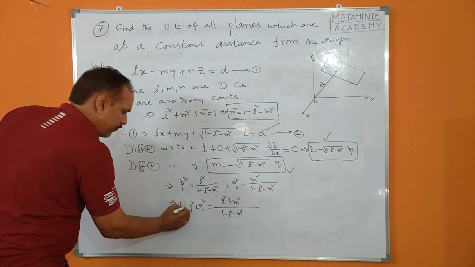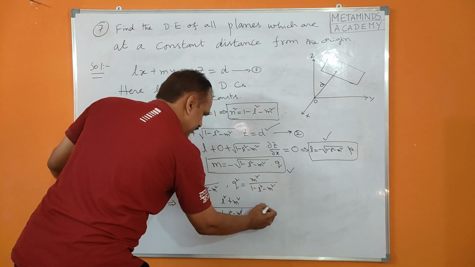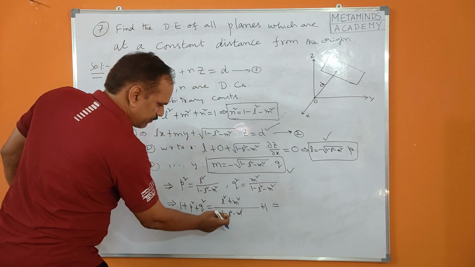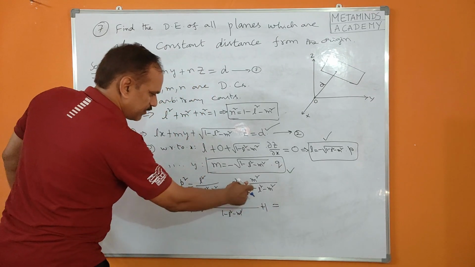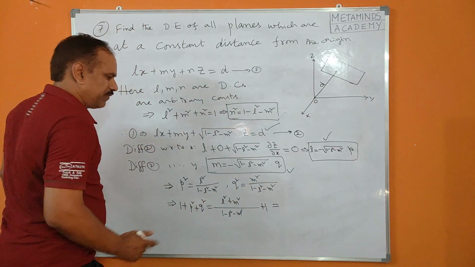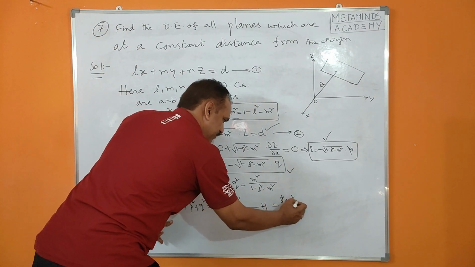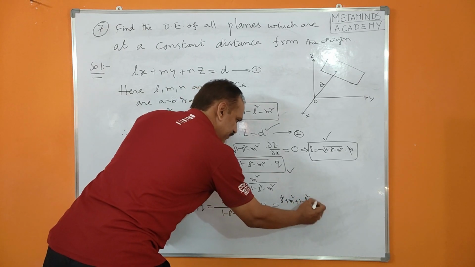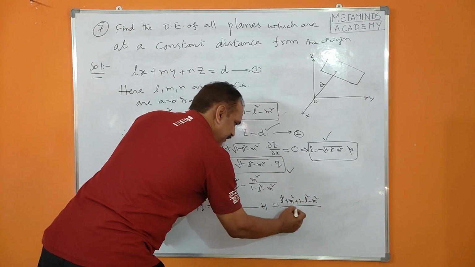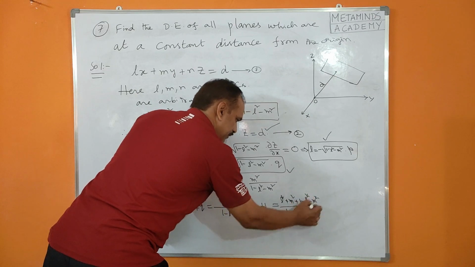Now we add 1 on both sides, because you can take 1 minus L square minus M square to the numerator, and these terms get cancelled. It is L square plus M square plus 1 minus L square minus M square by 1 minus L square minus M square.